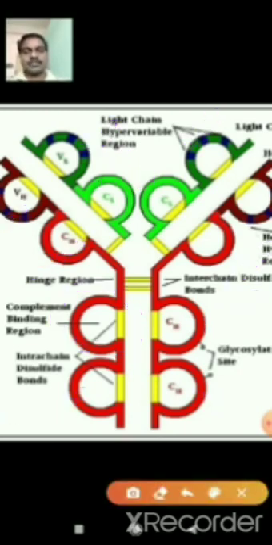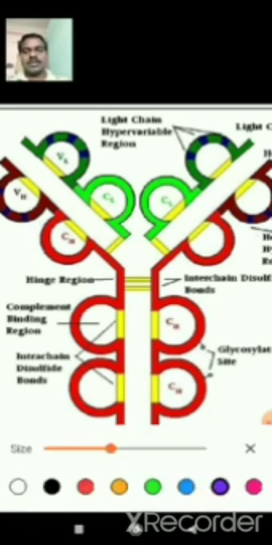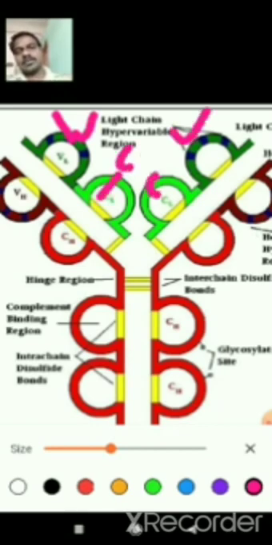In the light chain, here is V and this domain is C. So this is C and this is V. What is the meaning of V? V stands for variable domain and C stands for constant domain.